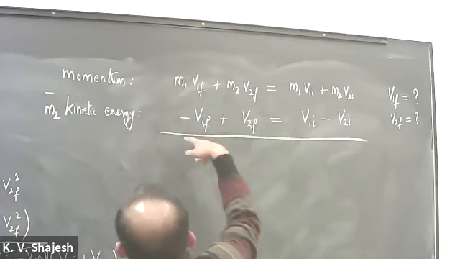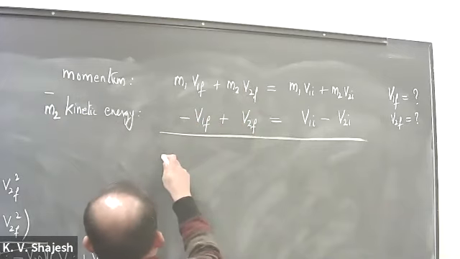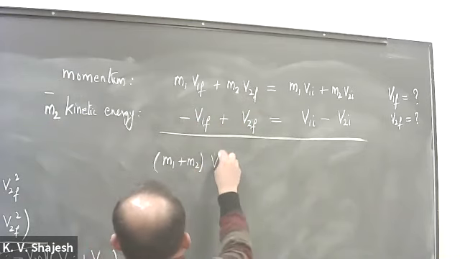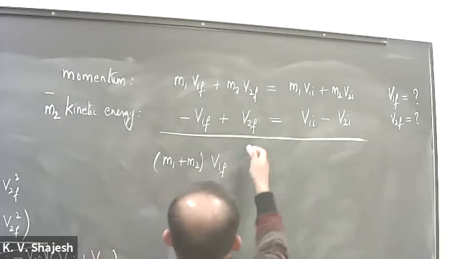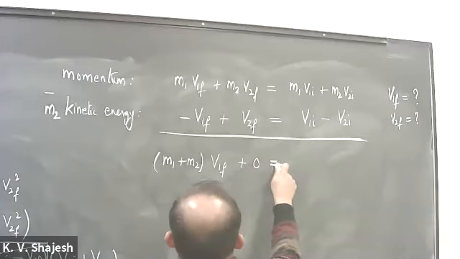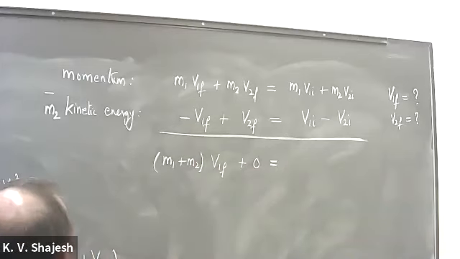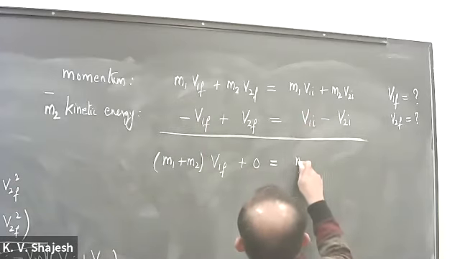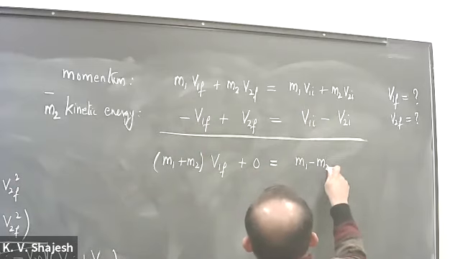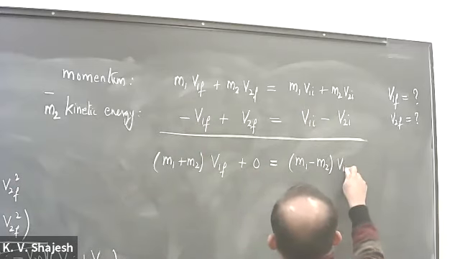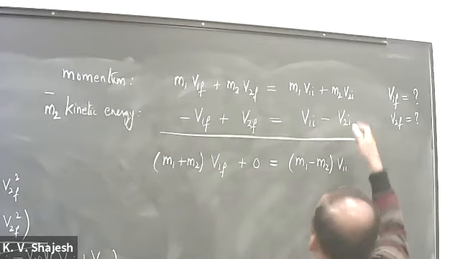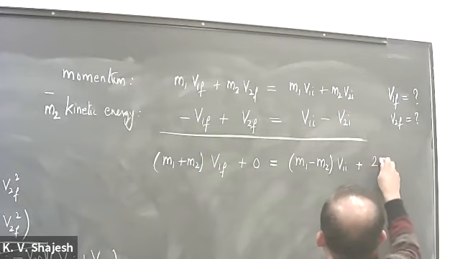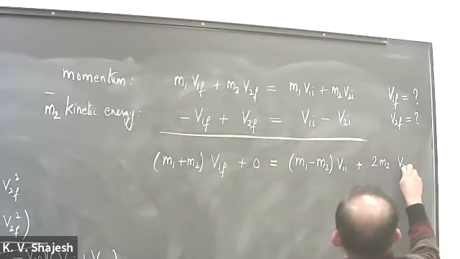So when I subtract, these two add up, right? So m1 plus m2 times v1 final, and plus 0. On the right, m1 minus m2 times v1 initial, and since I'm subtracting, this is added, so after multiplying by m2, that's 2 times m2 times v2 initial.